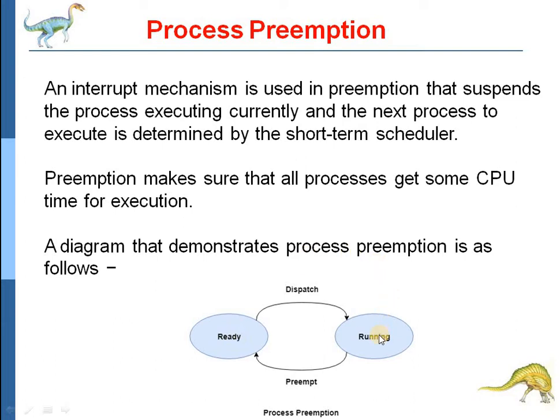In running, the process is preempted or some interrupt occurs. When an interrupt occurs, the process changes its state from running back to ready state. Preemption makes sure that all processes get some CPU time for execution. This diagram demonstrates process preemption as follows. We have already seen this situation in the process state diagram.